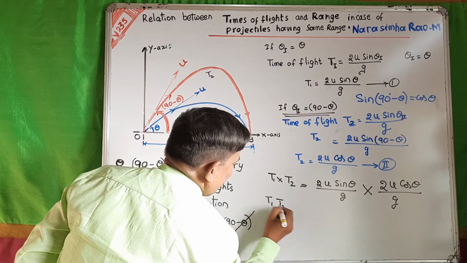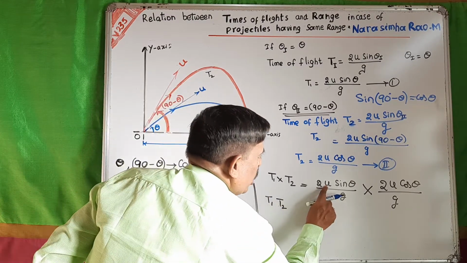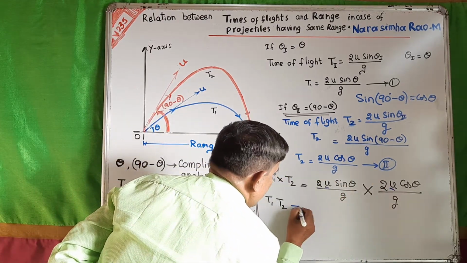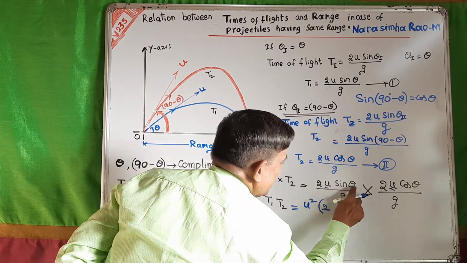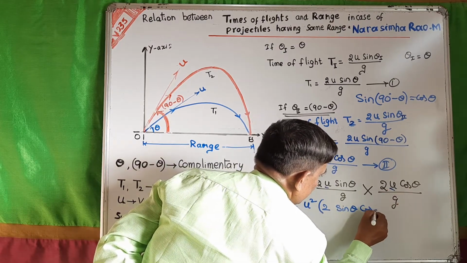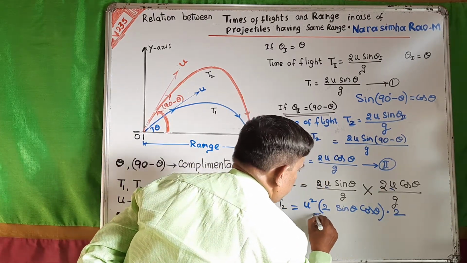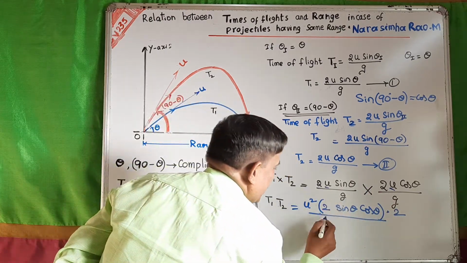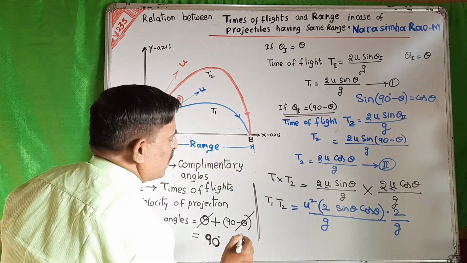T1 into T2 is equal to u into u, u square, into 2 sin theta cos theta. Here 2 remaining, here I am writing 2 by g into g square. This g I am writing here.